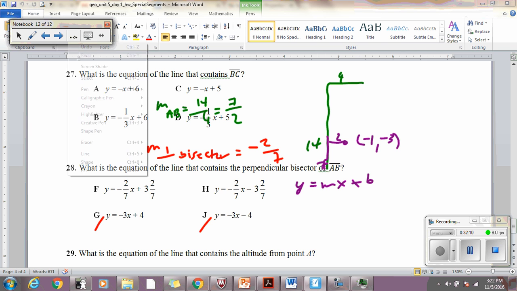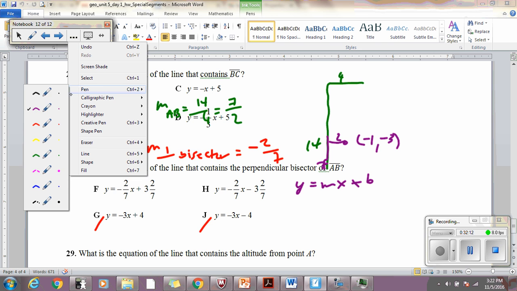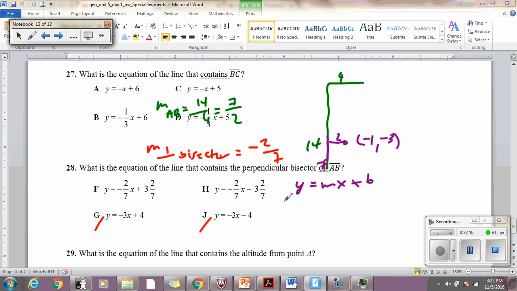We're going to use negative 3 as y because that's the midpoint. M is negative 2 over 7 because that's the correct slope. And then x would be negative 1. And all of this again is to find our y-intercept so we can figure out which is the final correct equation. So we would have negative 3 equal to 2 over 7 plus b.